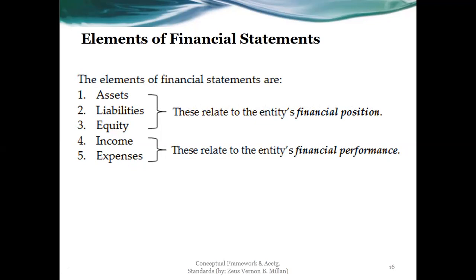So there can be many terms talking about the profit or loss, the difference of the two. The first three are found in the statement of financial position, formerly known as balance sheet, while the fourth and the fifth are found on the statement of comprehensive income, formerly known as income statement.